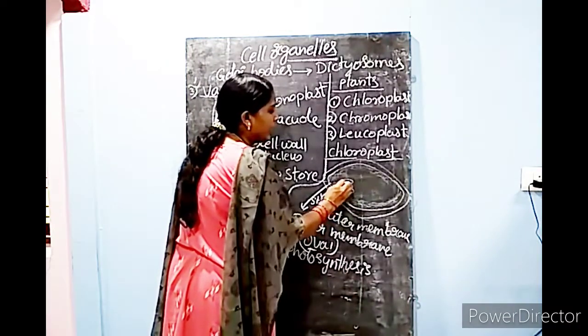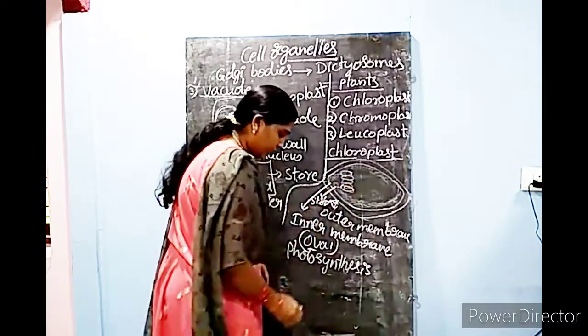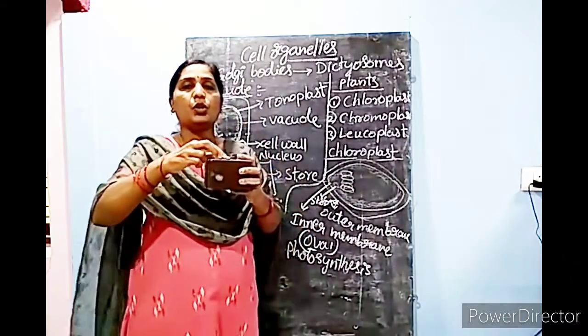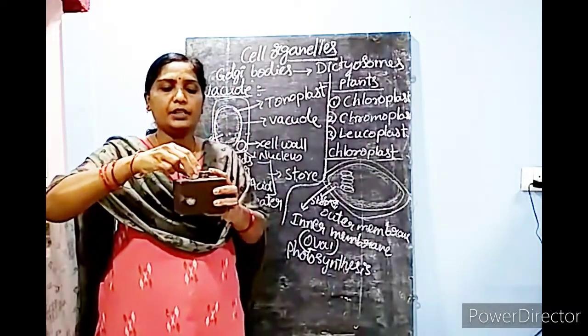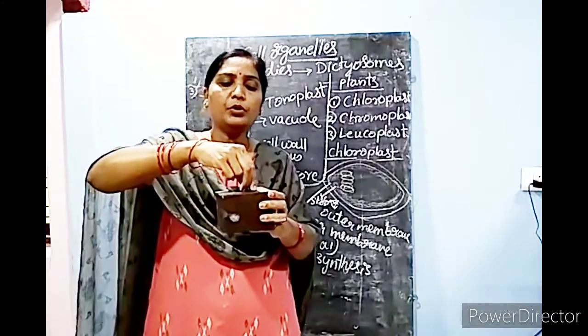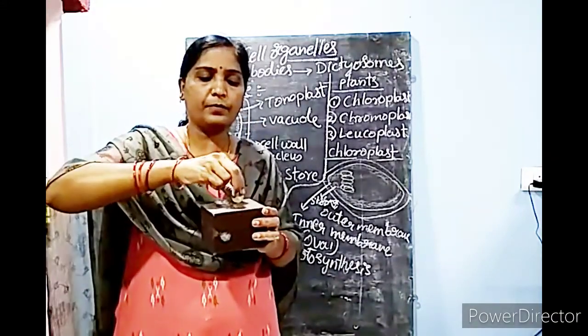thylakoids, which we call grana thylakoids. The structure appears like this: if we arrange coins one above the other, this is how the structure looks.